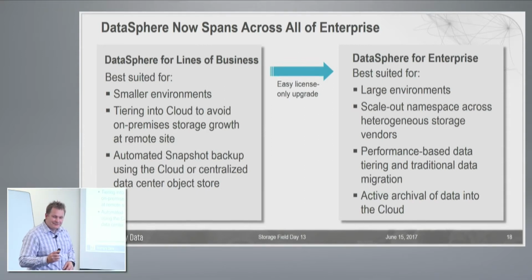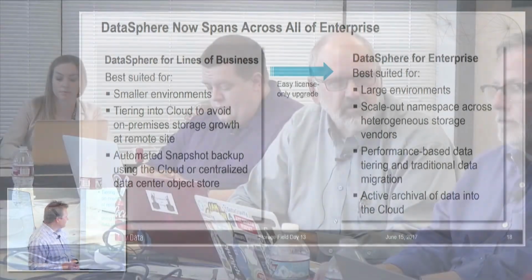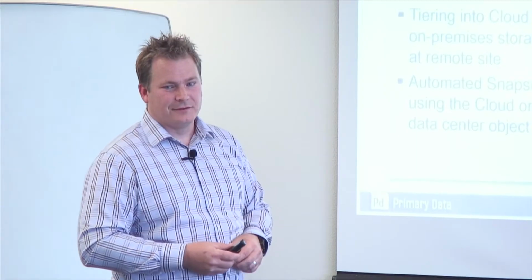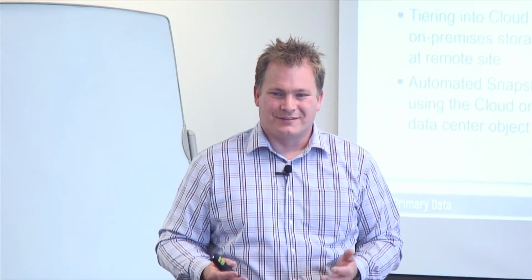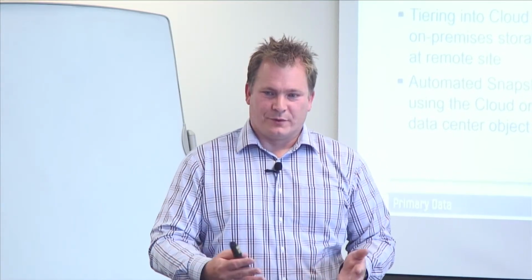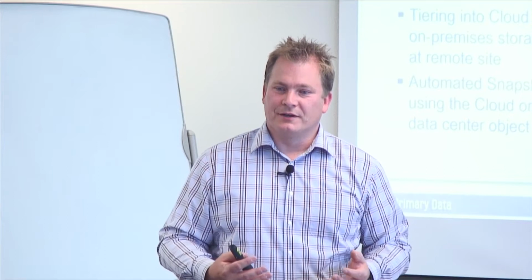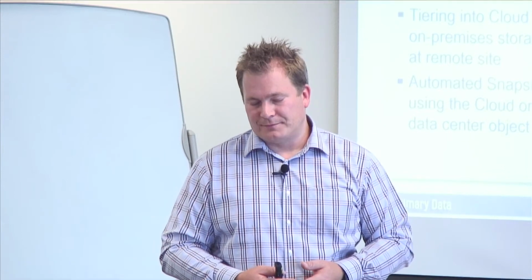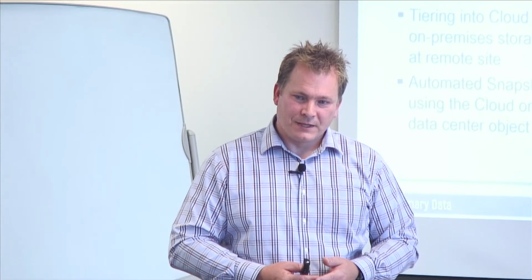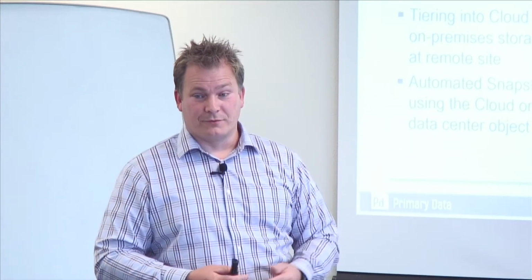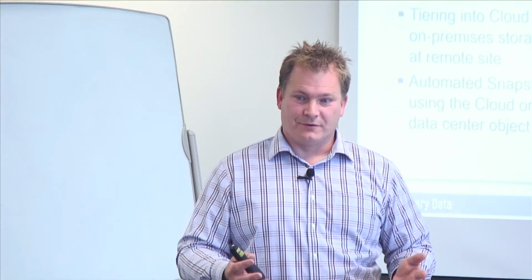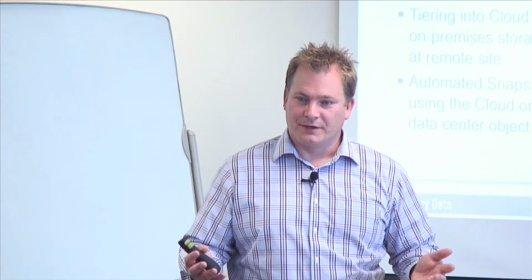Scale-out namespace? For a line of business, there is no scale-out namespace, but for enterprise there is. It's just that the focus of the product is you're not going to see, let's say, 10s or 20 arrays in a smaller site. So it's a limited number of storage arrays. Correct. And also, heterogeneous storage is only supported in enterprise level? It's supported on both. What we've seen with customers is that they have one brand on the remote side because they don't want to deal with more than one brand.